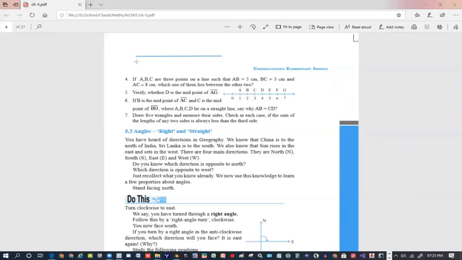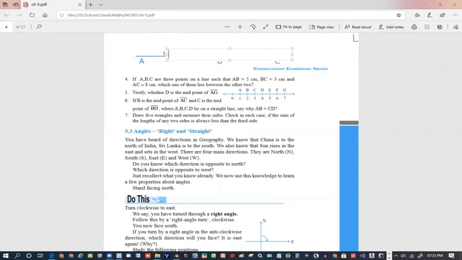So AB is given 5 centimeter and BC is given 3 centimeter.